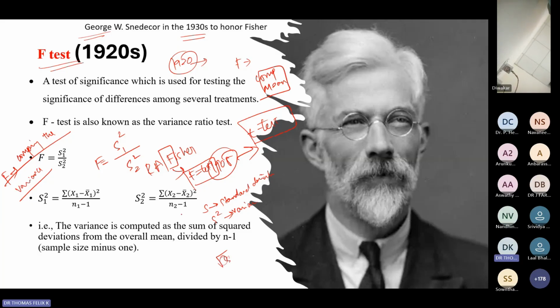Taking the square root of the variance gives you the standard deviation. That is the relationship. So the variance of the first group divided by the variance of the second group is how we calculate the F statistic.